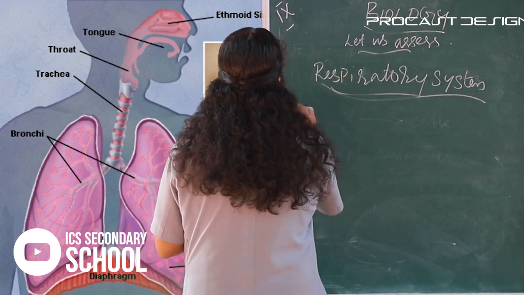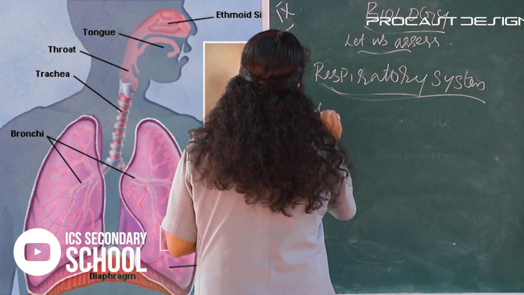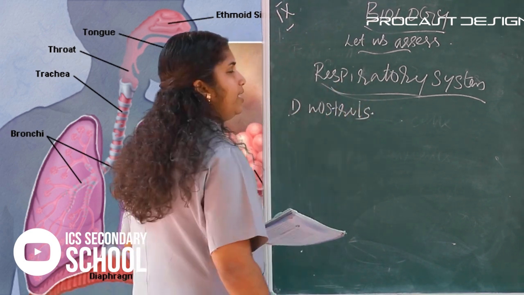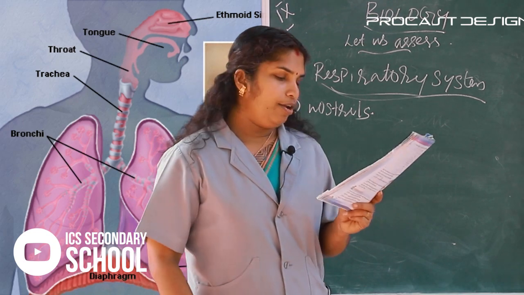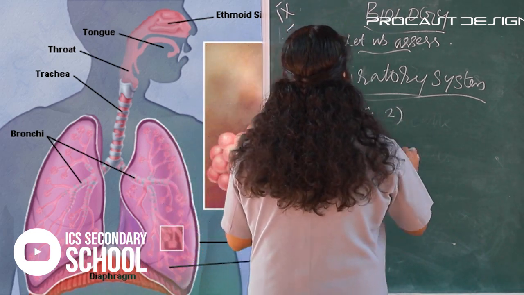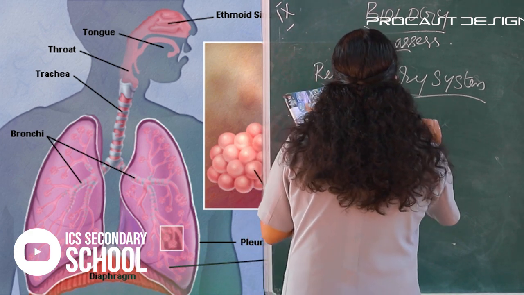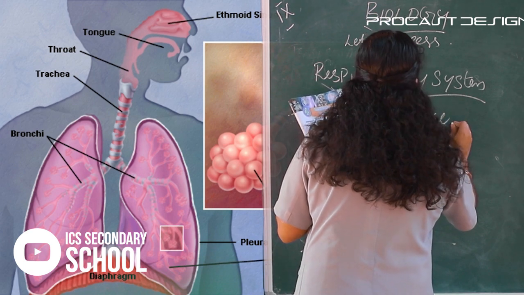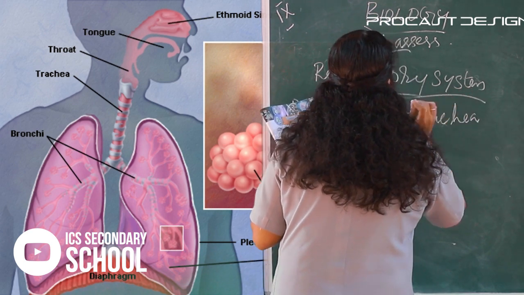First one is the nostril. Second one, trachea. Please note the spelling of these words, write them down and study well.